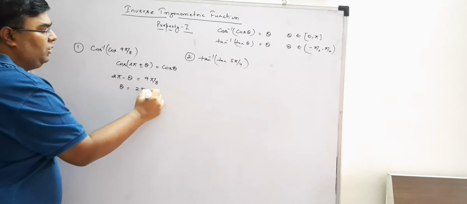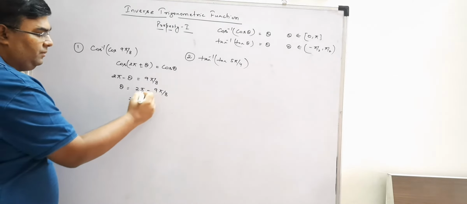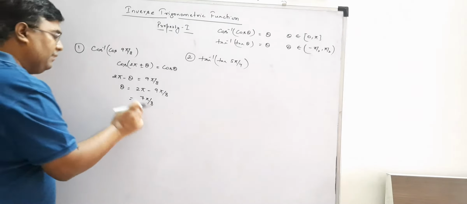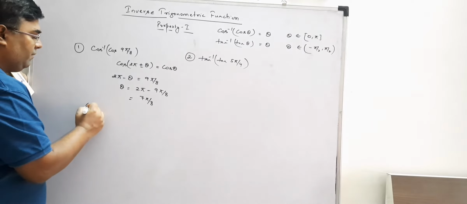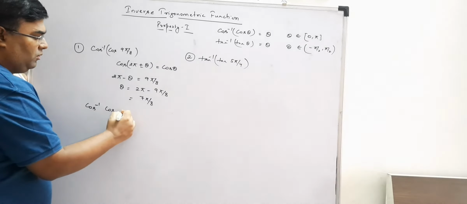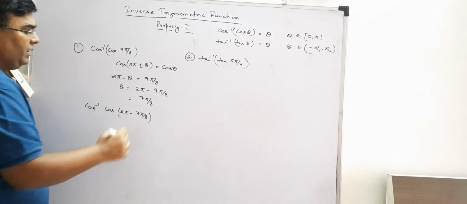Theta will be 2 pi minus 9 pi by 8, which is 7 pi by 8. Now this 7 pi by 8 is less than pi. So we can write cos inverse cos of 2 pi minus 7 pi by 8.